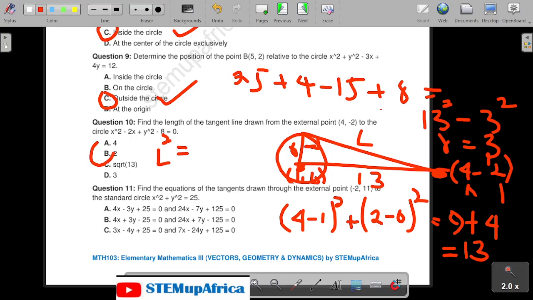We didn't take the square root here, so it remains as a square. So let's call it t, the tangent length, t squared. So you have 13 minus 9, which is 4. The square root of 4 is 2.